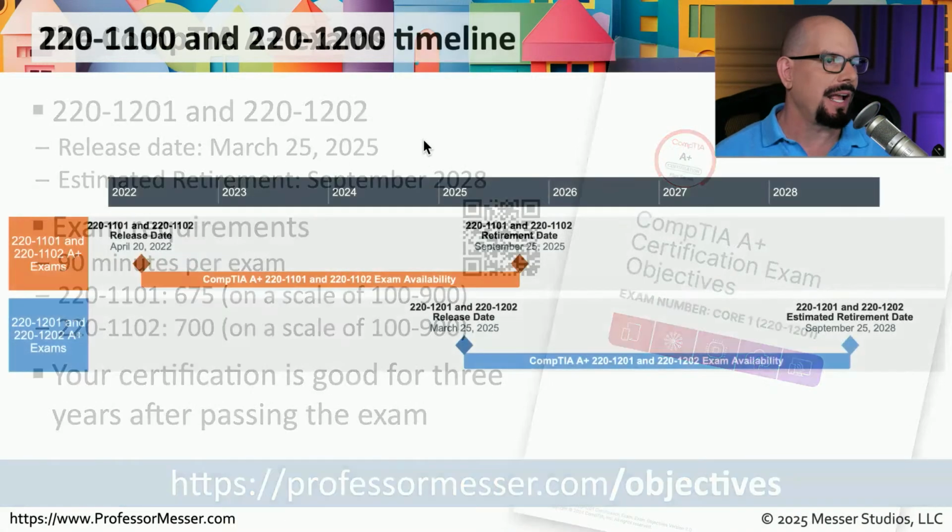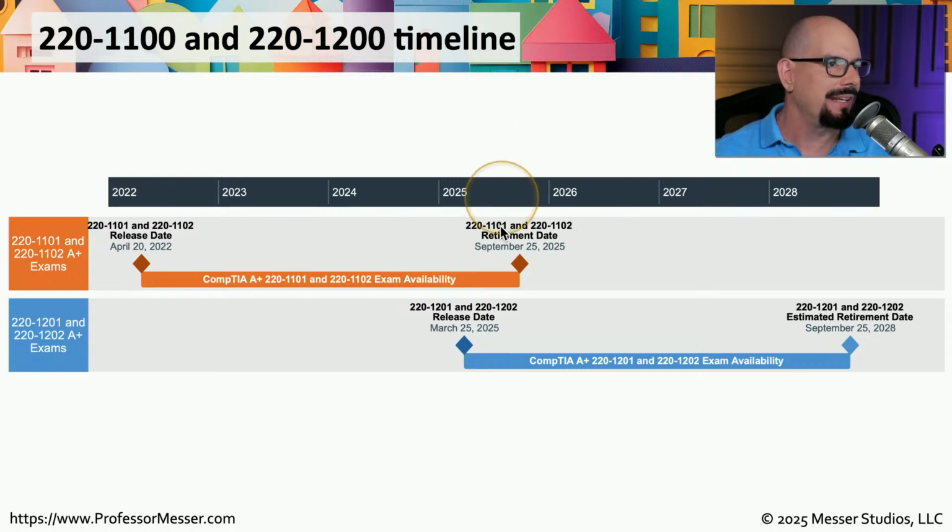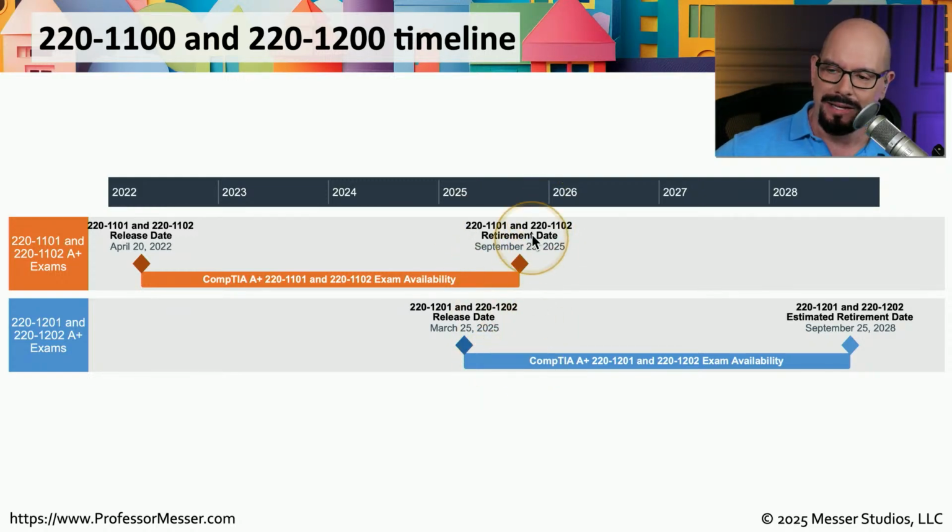For those that need a little bit more detail, we are right at the beginning of this overlap period where both the 1100 series and the 1200 series exams are available at the same time. So this is a pretty good place to be, where you can now make the decision yourself as to which set of exams you would like to take.